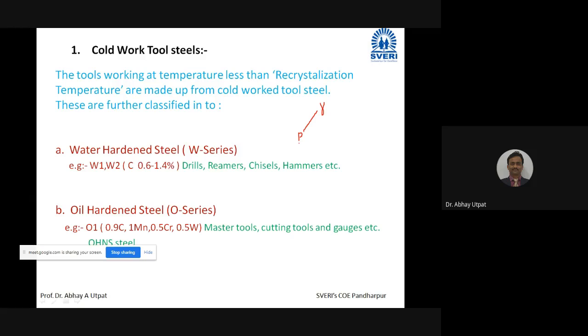What is the crystal structure of austenite? You have forgotten earlier lectures. The crystal structure of austenite is FCC, face centered cubic. So BCC plus orthorhombic is converted into FCC.